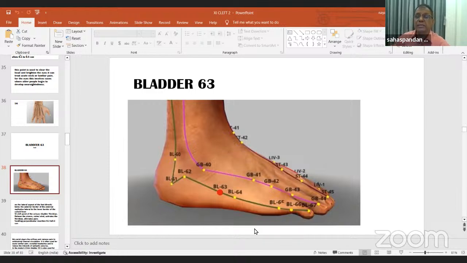And this is the jing-river point of the urinary bladder. It relaxes the sinews. If there is spasm, tension, or stiffness in the sinews, this point relaxes the sinews, calms the mind, activates the meridian and alleviates pain.